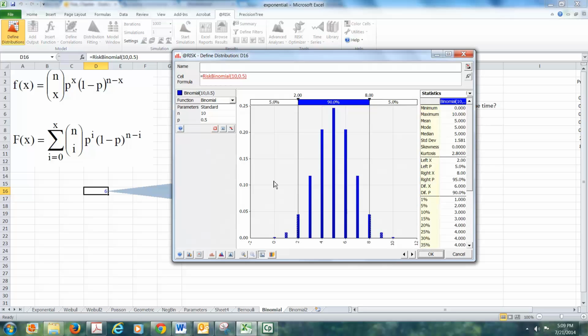We're playing 10 games, so n equals 10. Each trial can result in just two possible outcomes: win or lose the game. The probability of success is constant at 0.5 on every trial or every game, and the trials are independent. Winning one game does not affect whether you win any other games.